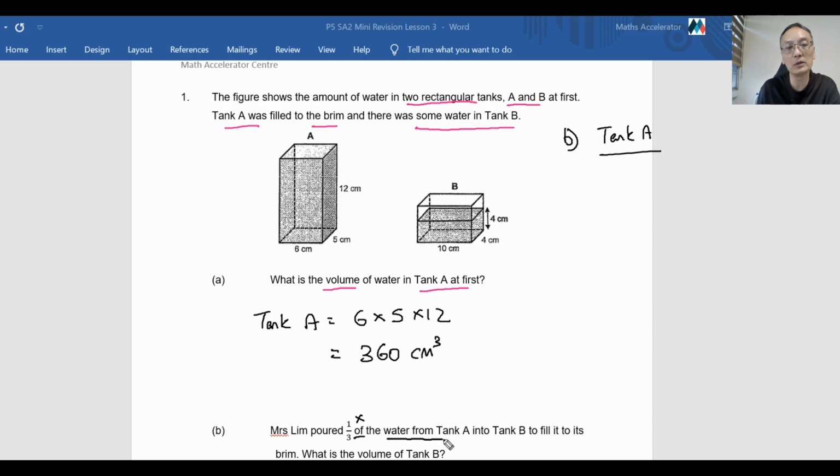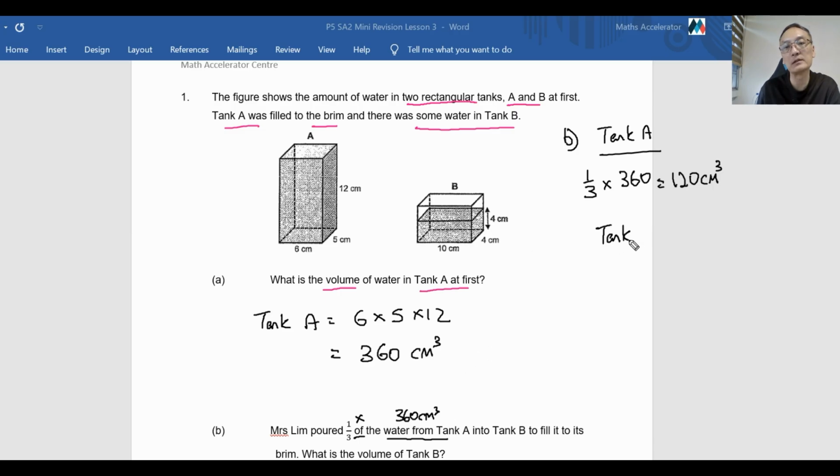The volume of water in tank A is 360. So we calculate the amount that was transferred: 1/3 times 360 gives us 120 cm cubed. So this amount was transferred to B. Then it says that after that, B is filled to the brim.